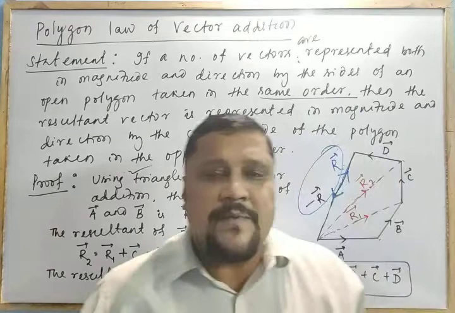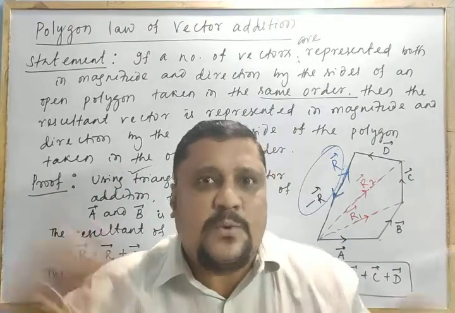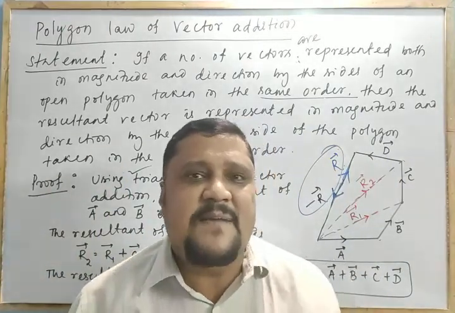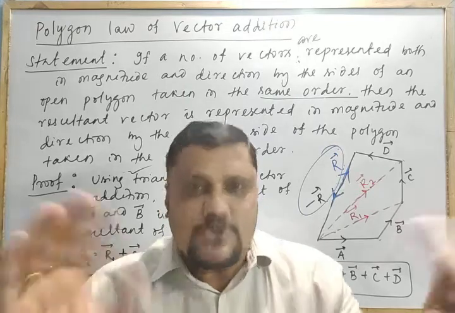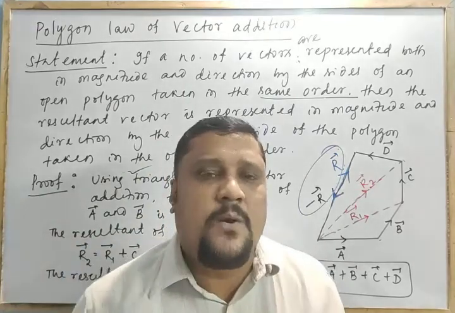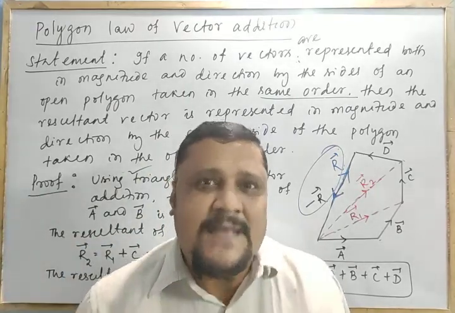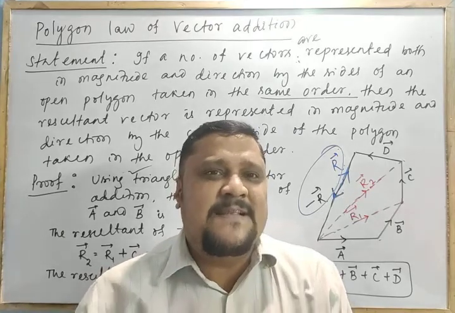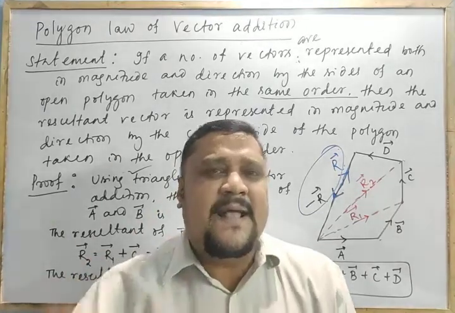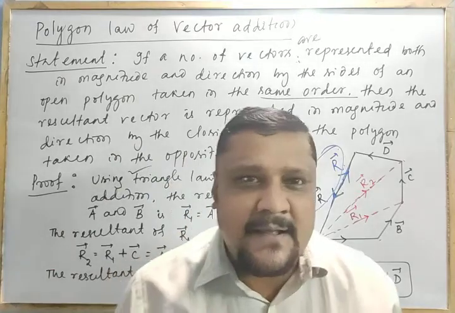If I have given 4 vectors or 5 vectors, more than 2 vectors, and you are representing the sides of a closed polygon taken in the same order, what will be the resultant? 0. Similarly, you have 3 vectors representing the 3 sides of a triangle, taken in the same order. What is the resultant?